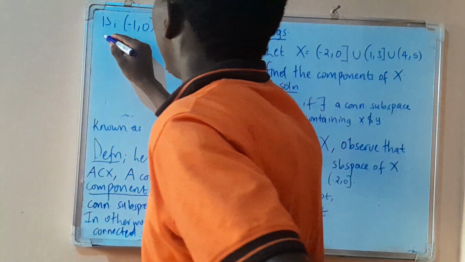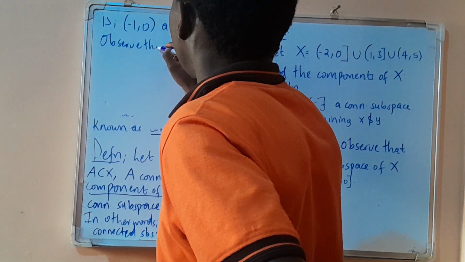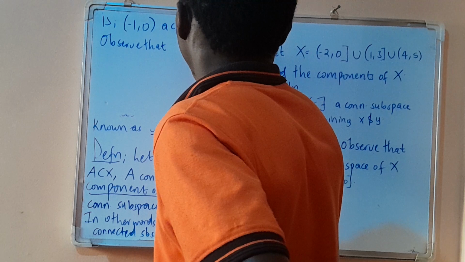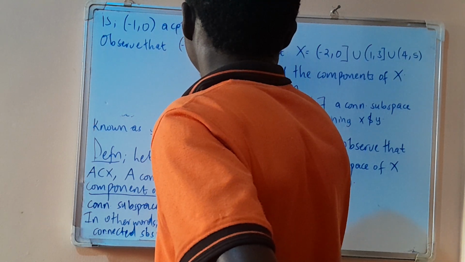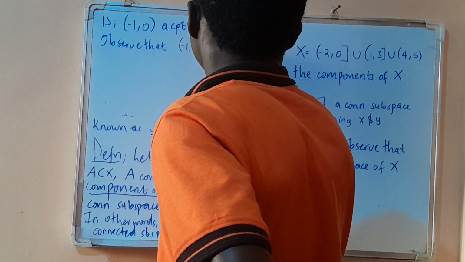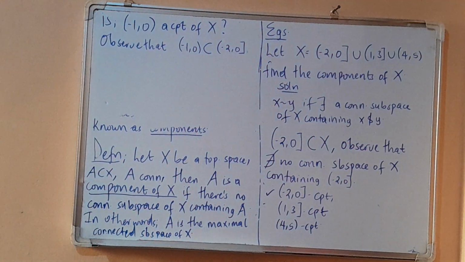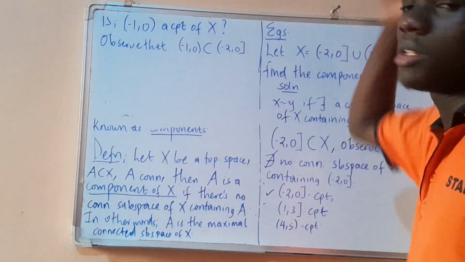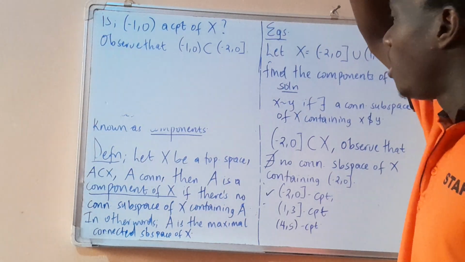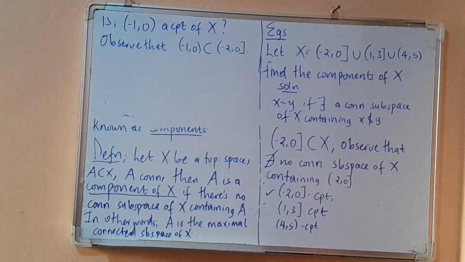Observe that (-1, 0) is contained in the connected subspace, this one. Observe that this is a subset of that. So this set is not a maximal connected subspace of X, so it's not a component.